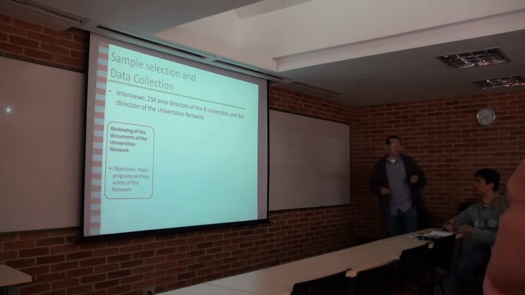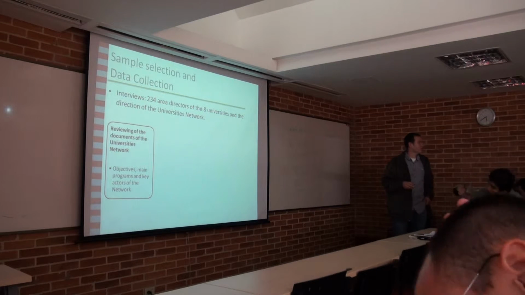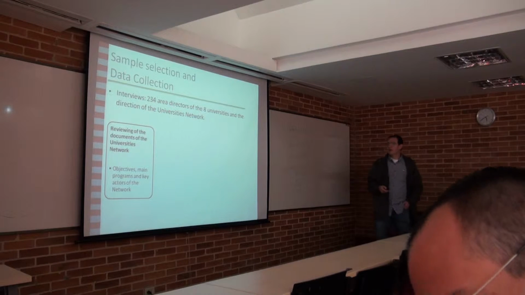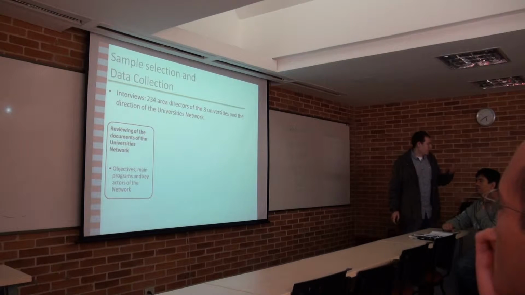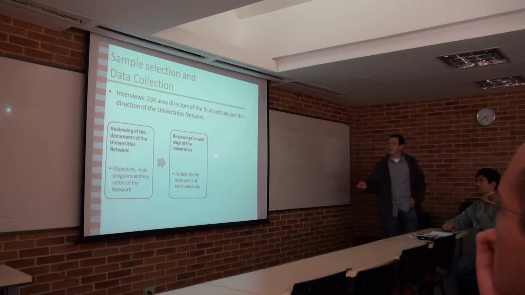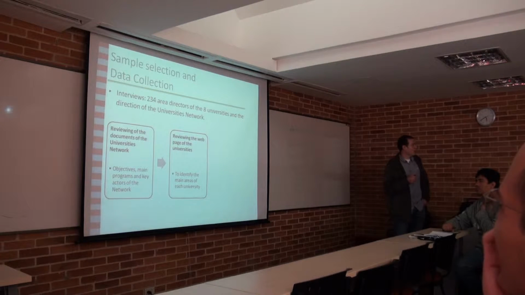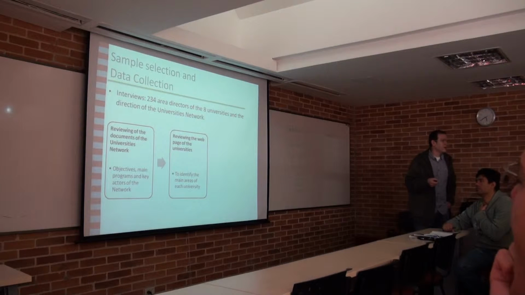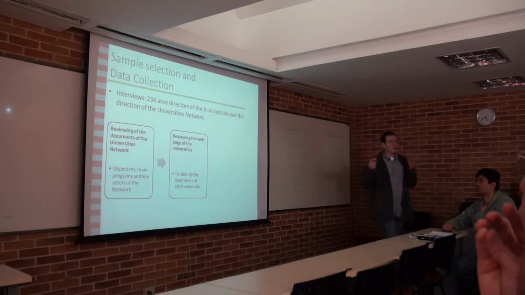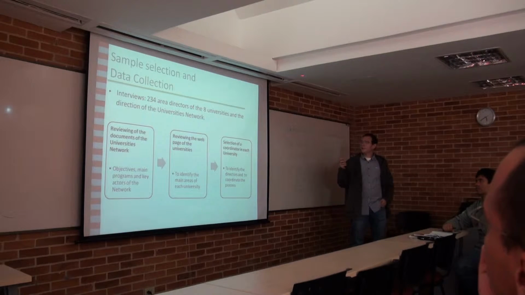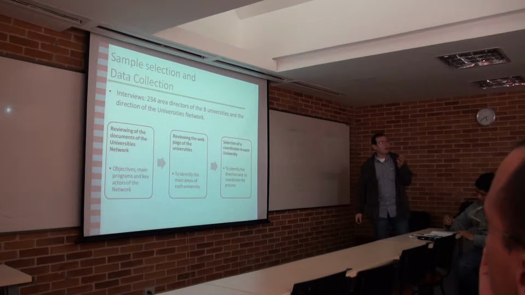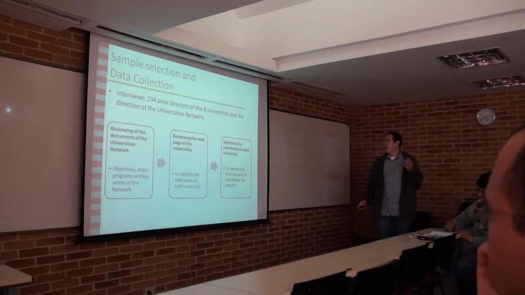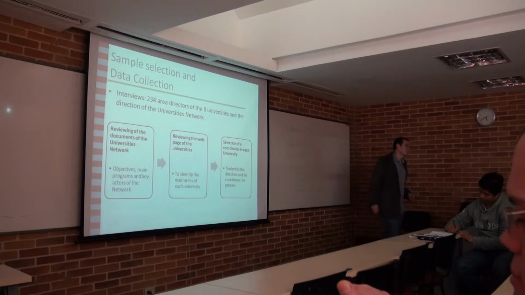First, we reviewed the documents of the university's network with the purpose to identify objectives, main programs, and the key actors of the network. Then, we reviewed the web page of the universities in order to identify the main areas of the university. And finally, we selected a coordinator in each university who had to identify the directors and coordinate the process.